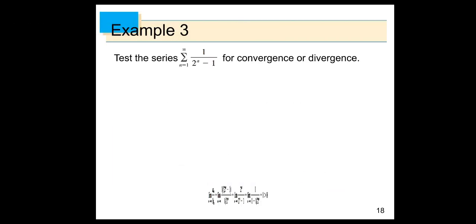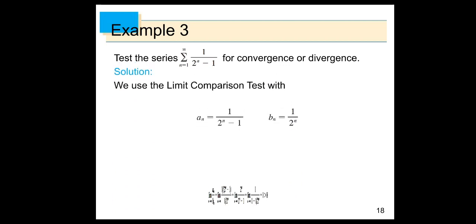My bad, I'm sorry. Here we use the limit comparison test, and in the limit comparison test we know that we have to use a sub n and b sub n. Our a sub n would be 1 by 2 power n minus 1, and when we form our b sub n, we will be taking the highest terms from the numerator and denominator.